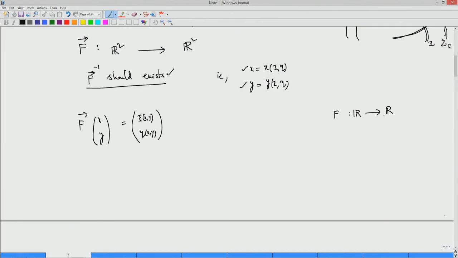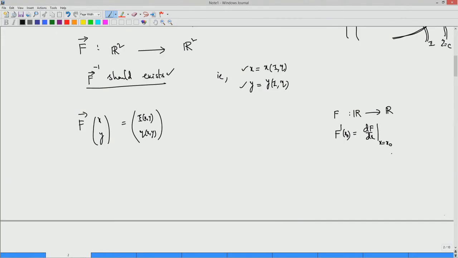Suppose it is a differentiable function. The derivative is df by dx, and the derivative at x naught is the value of df by dx at x equal to x naught.